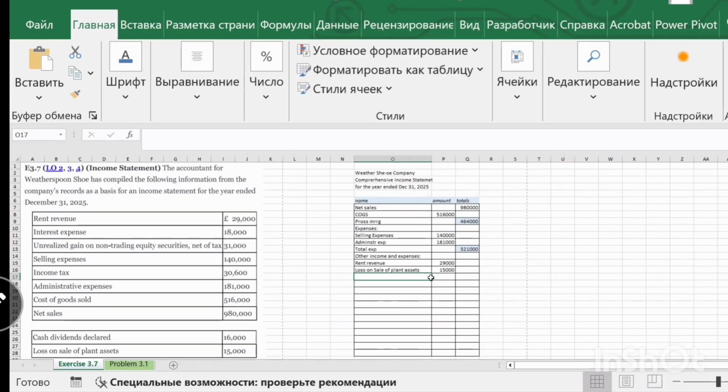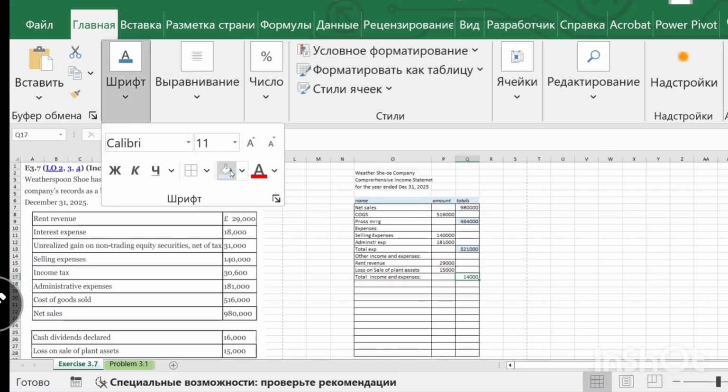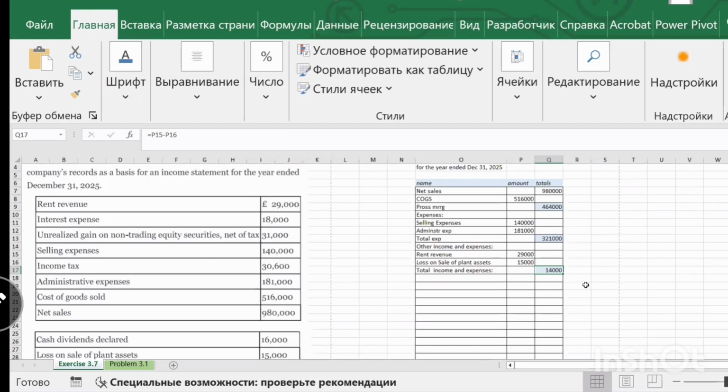And the total of other income and expenses is equal to rent revenue minus loss: 14,000.